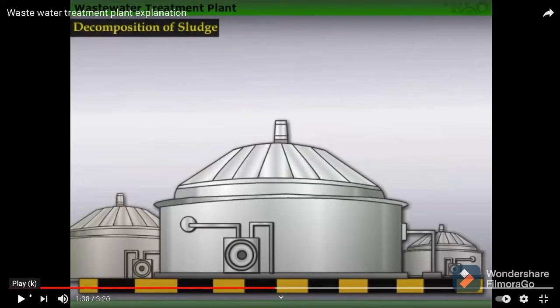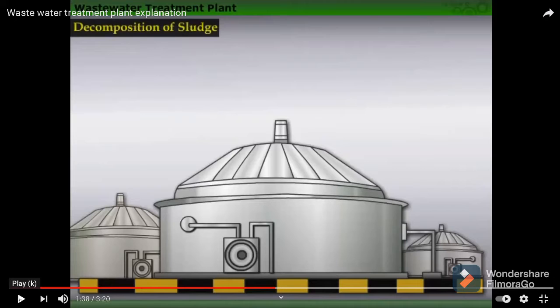Then it goes to another treatment plant where we get biogas from it. The sludge is separated, और जो स्लज सेपरेट हो गई उसको बायोगैस प्लांट में ले जाते हैं ताकि उससे बायोगैस हमें प्रोड्यूस मिल सके, and we can also produce electricity from it.